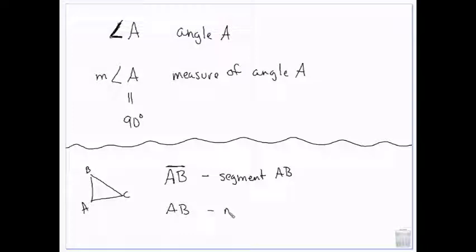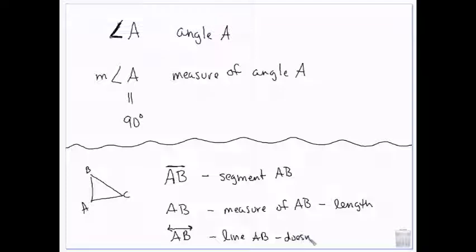AB with no line over it is the measure of AB, so that's the length. And if I put a double arrow over it like this, it's the line AB, which means it doesn't end, so you can't measure it.